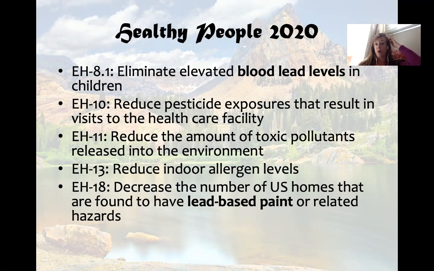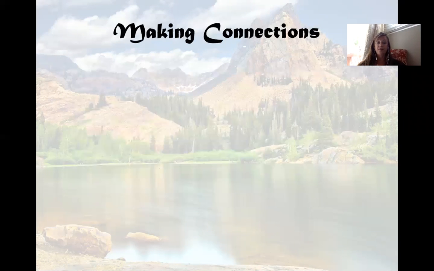There are plenty more related to environmental health, but a few that we'll cover in this lecture and in this class have to do with blood lead levels in kids, pesticide exposures, toxic pollutants, indoor allergens, and lead-based paint. So these are just a few of the ways that our government has acknowledged that we need to do a better job of improving our environmental health.